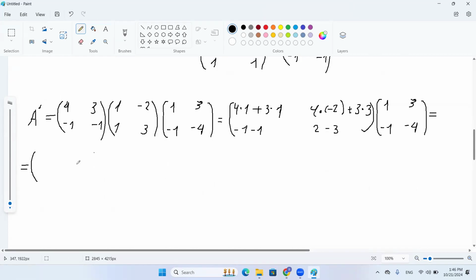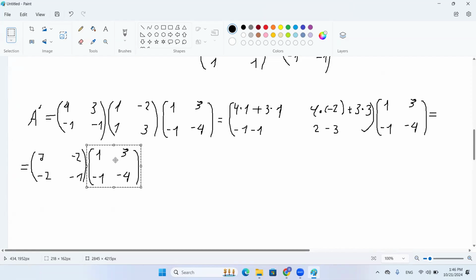So here 7, minus 2. So -8 plus 6, minus 2 and -1, multiplied by this matrix. And now we will multiply them as well.